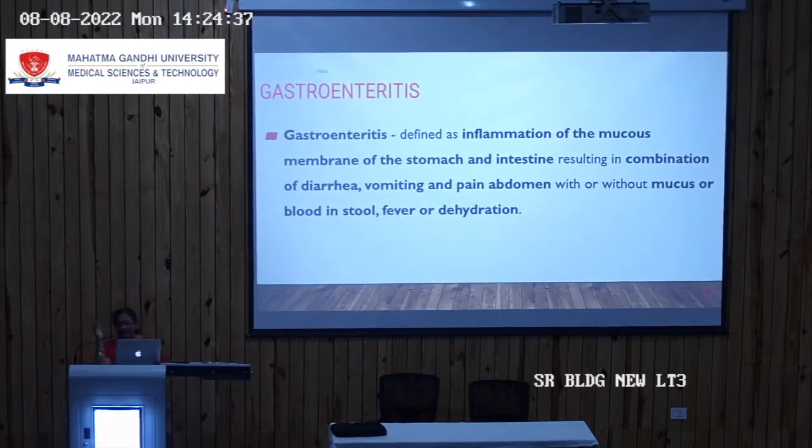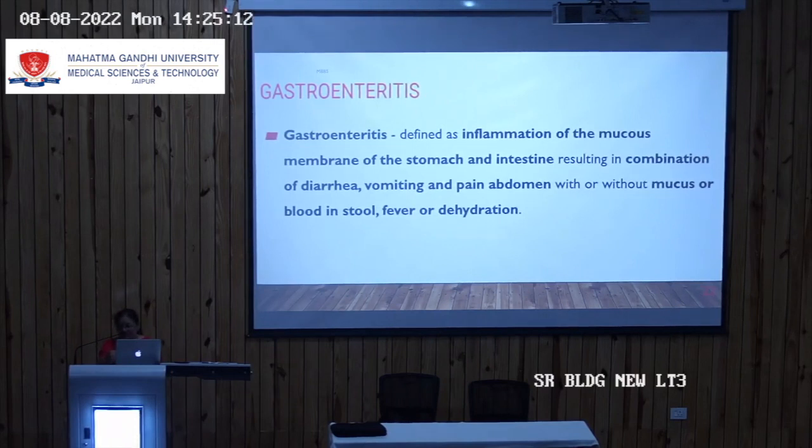Then there is one term, gastroenteritis. After dysentery and diarrhea, there is one term, gastroenteritis. This is inflammation of the mucous membrane of both the stomach as well as the intestines. So it results in diarrhea because there is inflammation of the intestine. And because the stomach is also inflamed, there is vomiting and pain abdomen. This can be present without mucus or blood in stool.